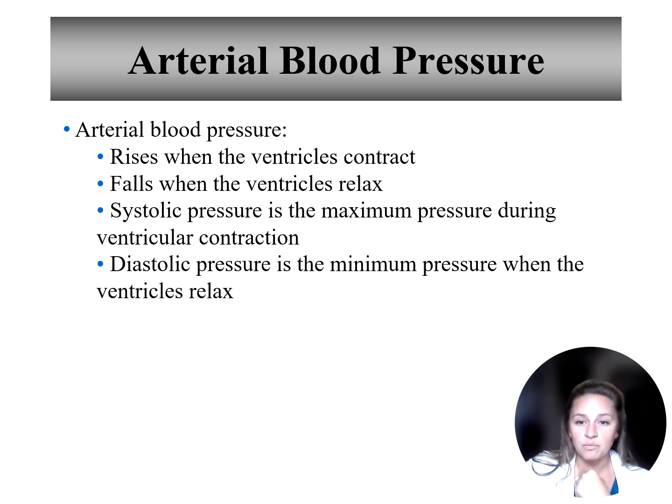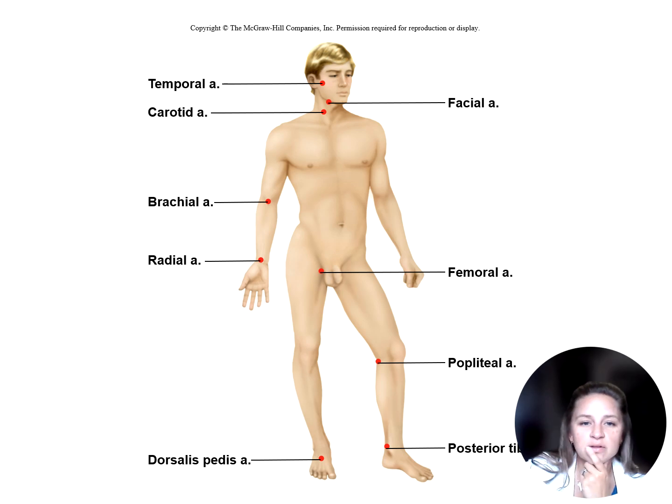So when you get a blood pressure and you get 2 numbers, it's the systolic, the contracted pressure, over the diastolic, the relaxed pressure. These are the typical parts for blood pressure being measured. Again, the brachial artery here, where this blood pressure cuff goes, this is typically where you would see a blood pressure measured.